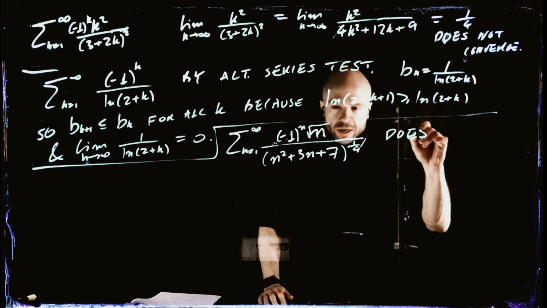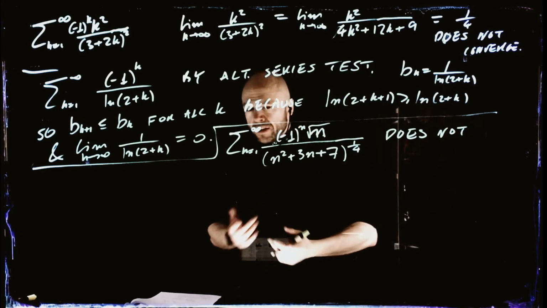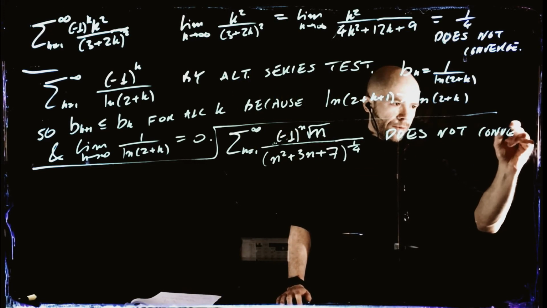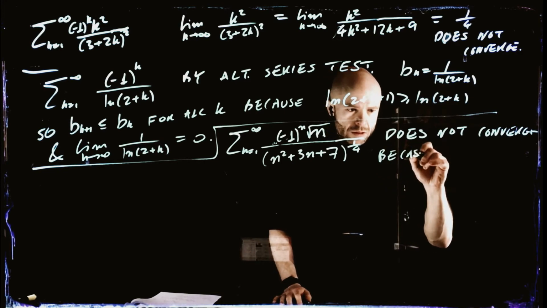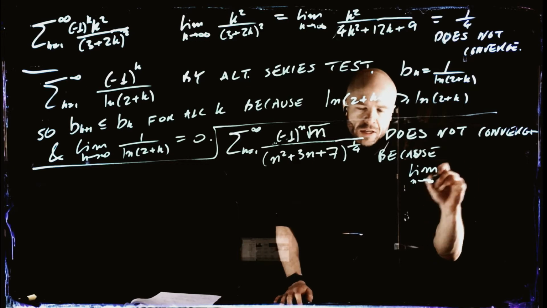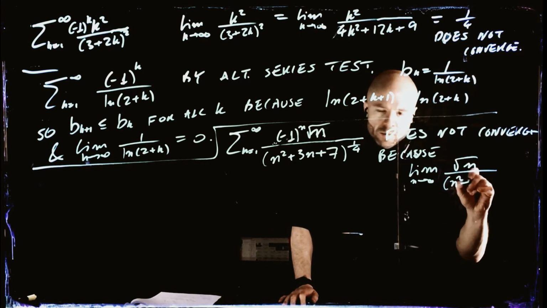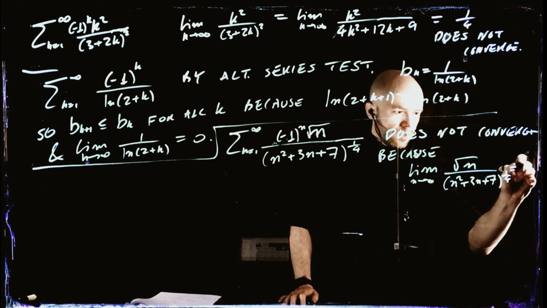This is easy. You can quickly rule these guys out, you know? No matter if it's alternating or anything else, if the terms don't go down to 0, it does not converge. Because the limit as n goes to infinity of the square root of n over (n squared plus 3n plus 7) to the 1 over 4 is just equal to 1.